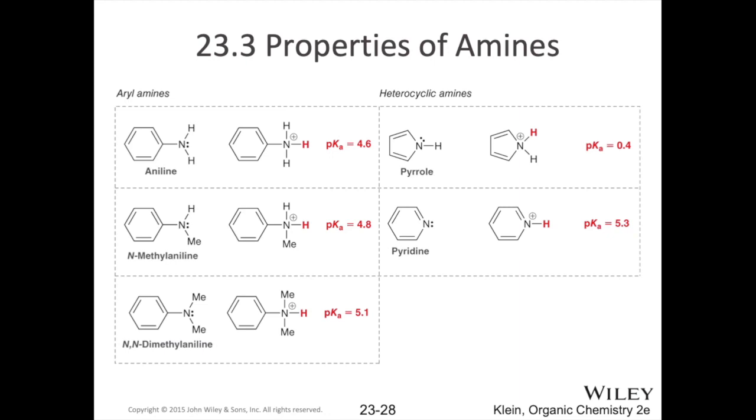Okay. Once we get away from aliphatic amines into these aromatic ones, notice that now your lone pair can be utilized in the resonance structures of your deprotonated version of your amine.